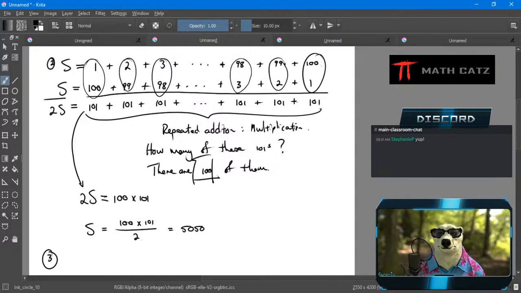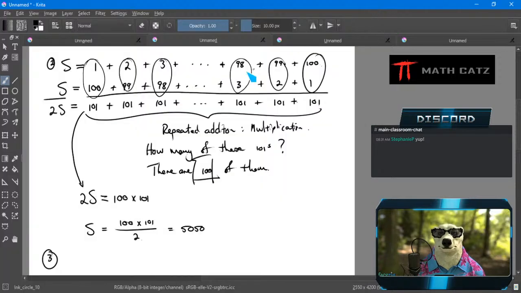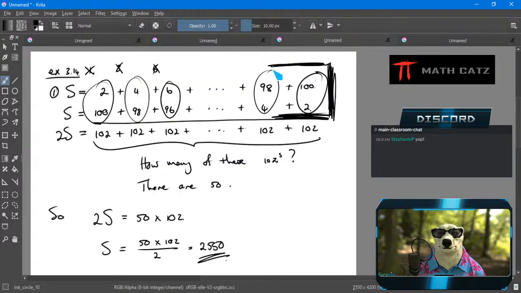Now, if you remember, we did some exercises, not problems, exercises. In 313, we looked at efficient ways of adding a lot of numbers with a clear pattern in them: 1, 2, 3, 4, 5, all the way to 100. That was this one. We had our strategy. Then we repeated that strategy for exercise 314, the first one, 246, and so on.